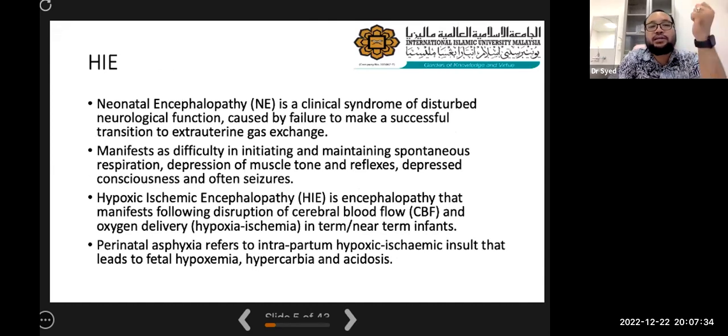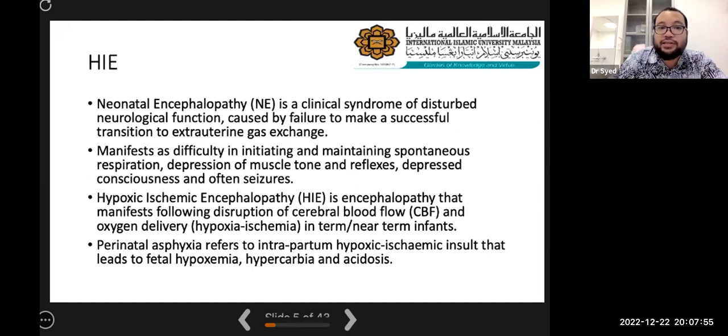When we talk about HIE, there are several elements. The first one is, what is neonatal encephalopathy? Neonatal encephalopathy is a clinical syndrome of disturbed neurological function, caused by failure to make a successful transition to extrauterine gaseous exchange.